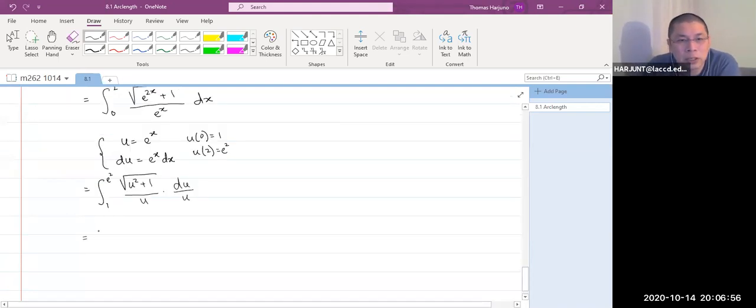So this is the integral from 1 to e squared, square root of u squared plus 1 over u squared du.